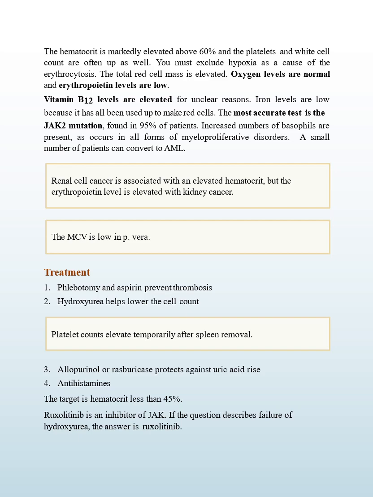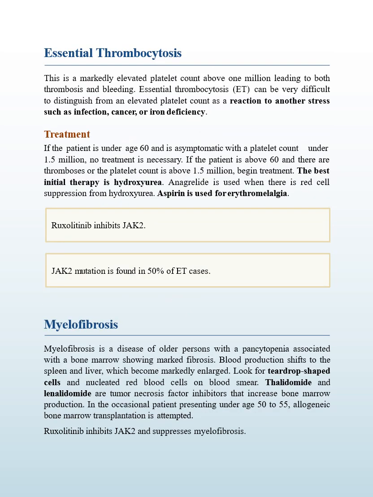Let's go to the next slide, 33. Here we need to discuss so-called essential thrombocytosis. Essential thrombocytosis is when we have a markedly elevated platelet count, above 1 million, which leads to both thrombosis and bleeding.